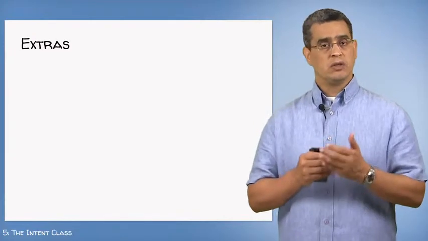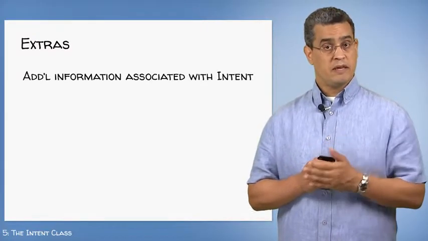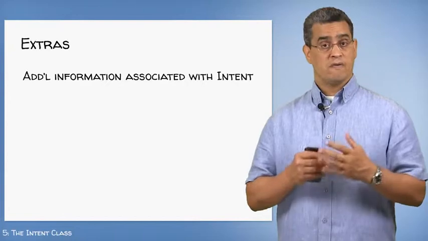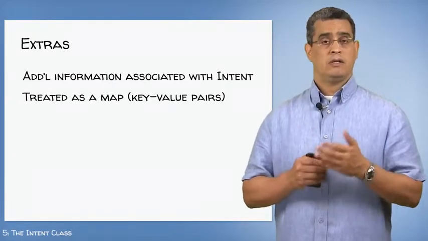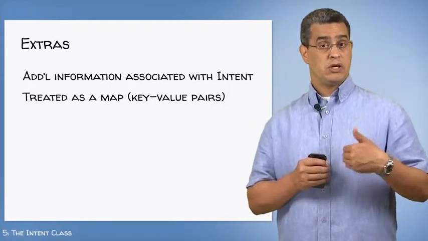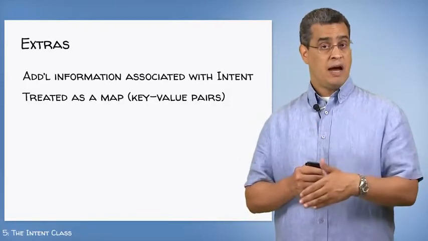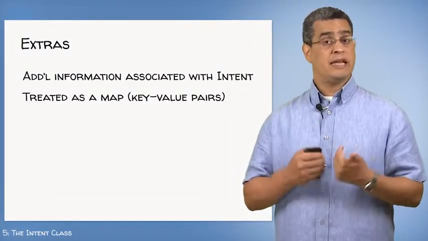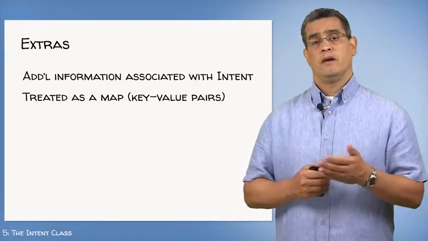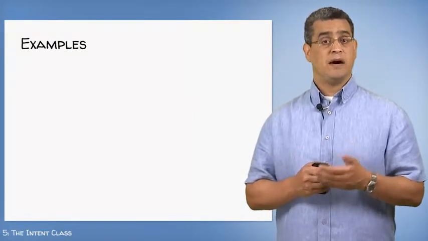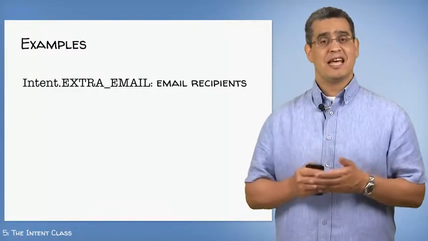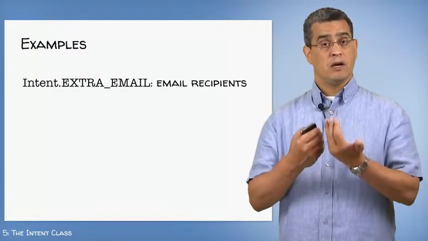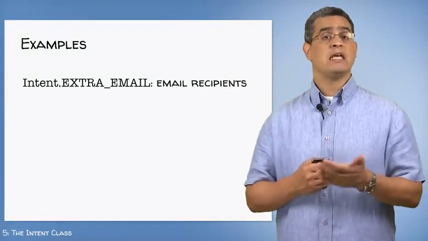Intents also have an extras field. Extras store additional information associated with the intent. Now, extras are effectively a map of key-value pairs. And so the target activity has to know both the name and the type of any extra data that it intends to use. For example, the intent class defines an extra called EXTRA_EMAIL. And this extra is used to pass a list of recipients when sending email.